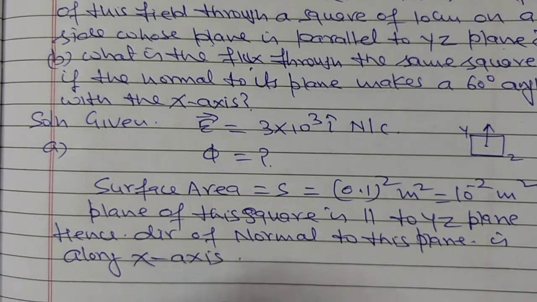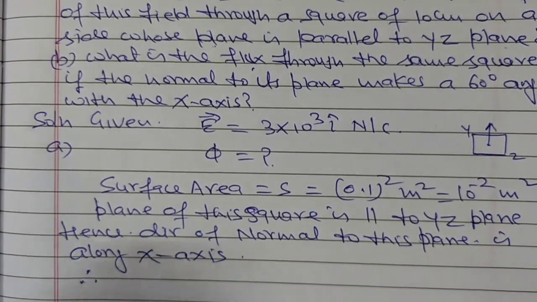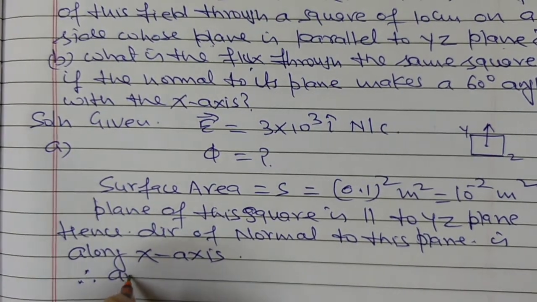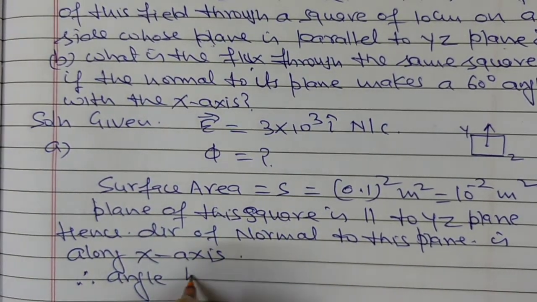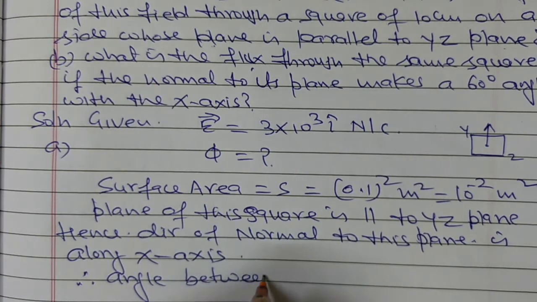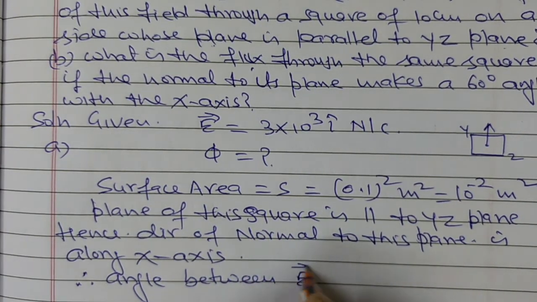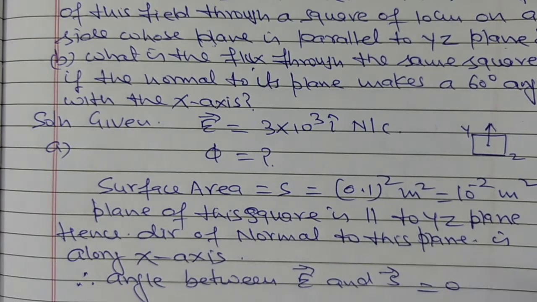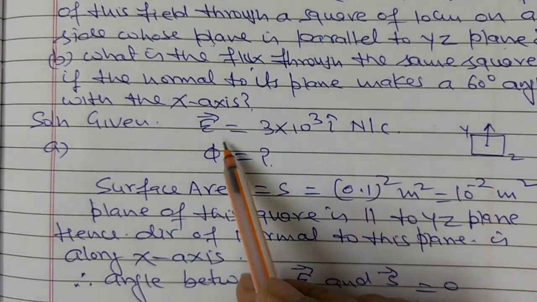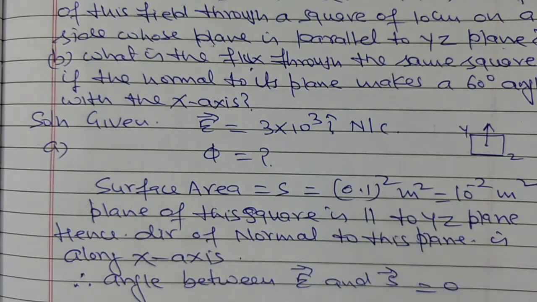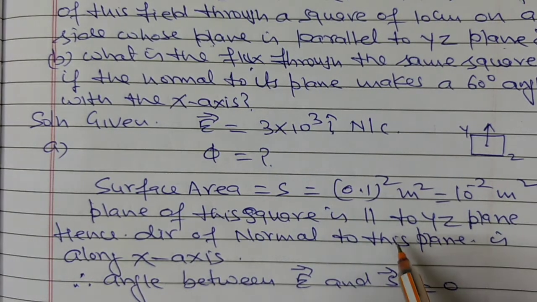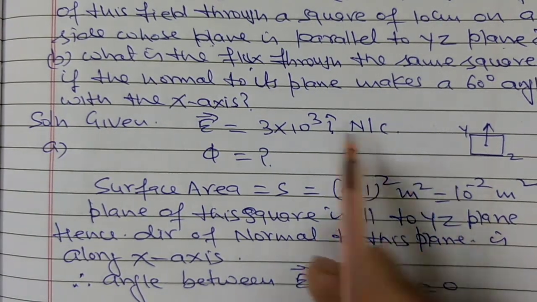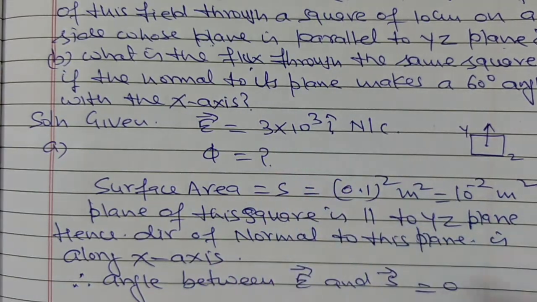Therefore angle between E vector and S vector is equal to 0, because here the direction of electric field and the normal vector are along the x-axis, therefore angle is 0.